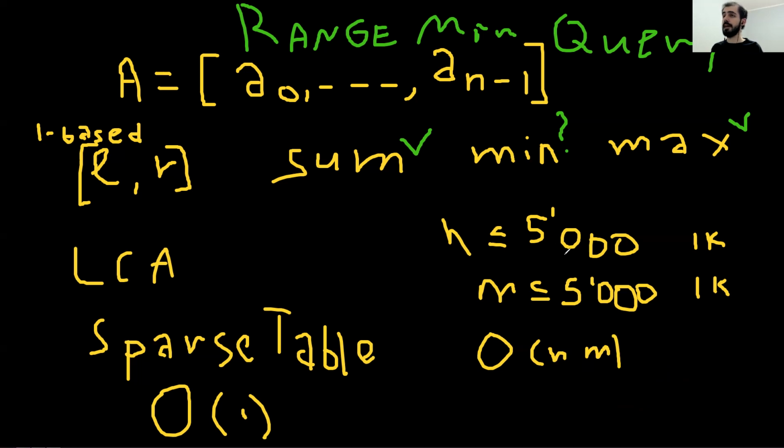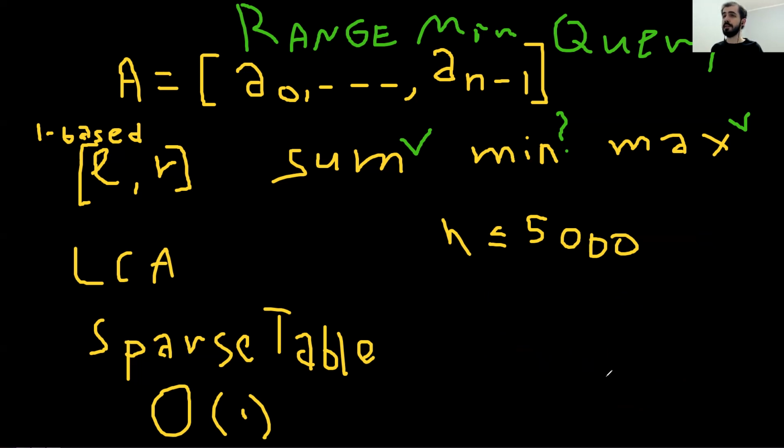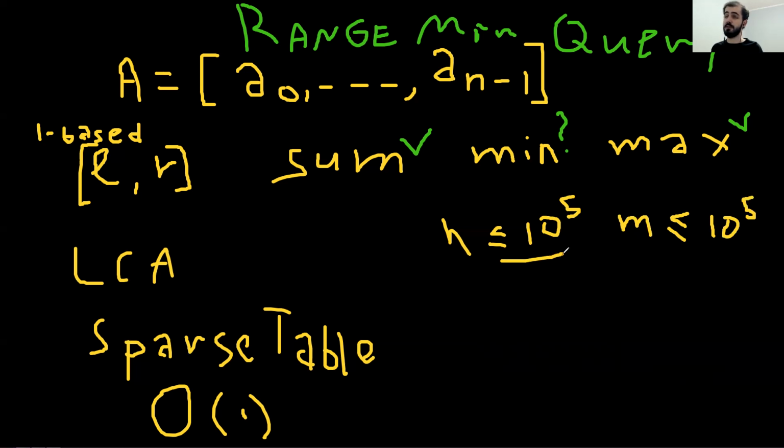If you have 5,000, potentially even 10,000, you are still most probably fine with the naive range minimum query, right? And the actual problems start when your n is bigger, and it can be much bigger. Some typical constraints say that you have 10 to the fifth as the length of the array, and you have up to 10 to the fifth queries.